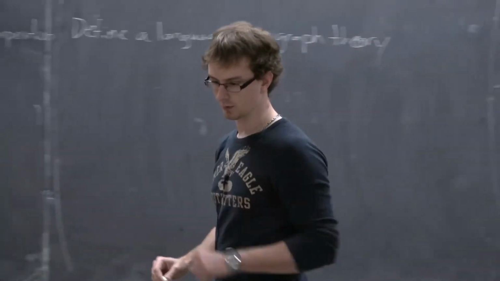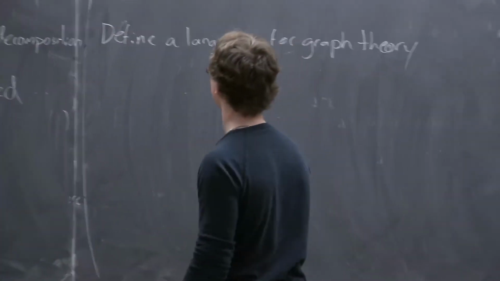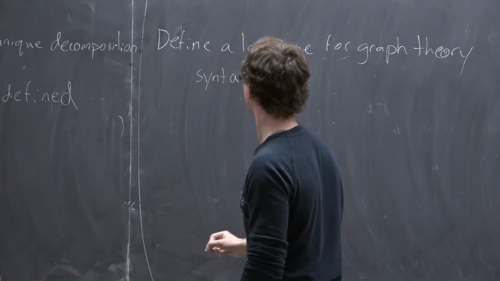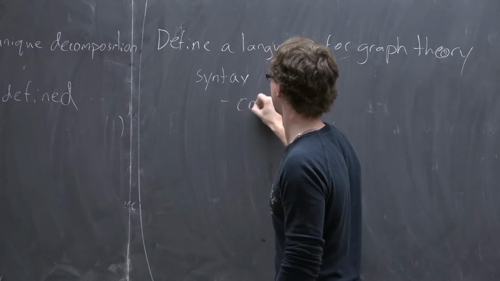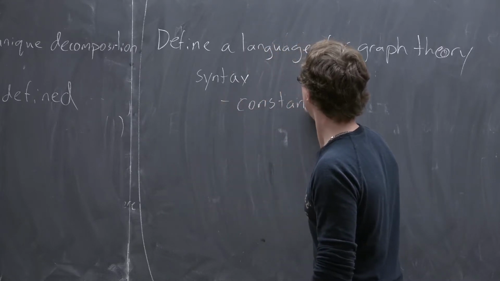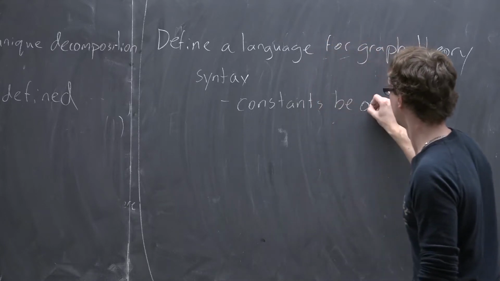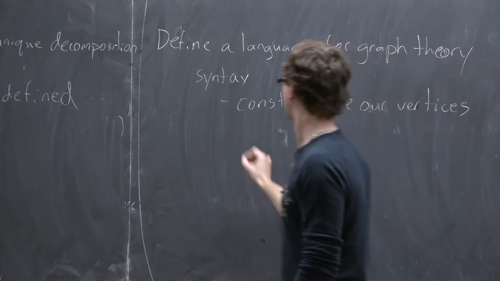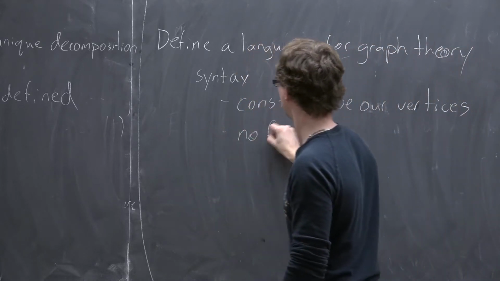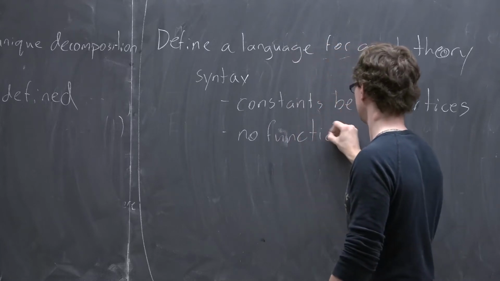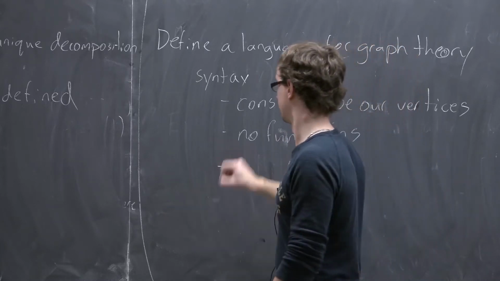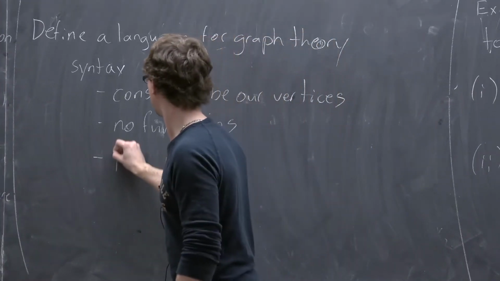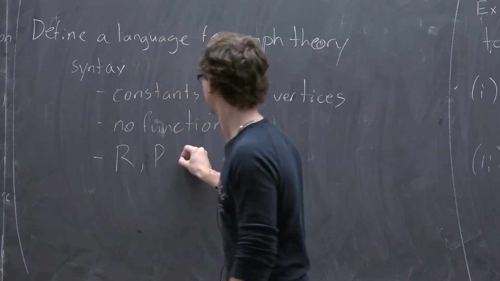Well, looking at the syntax, what we want to do is have our constants be our vertices. Then we're going to have no functions. And we'll just introduce two relations that allow us to play with this, R and P relations.